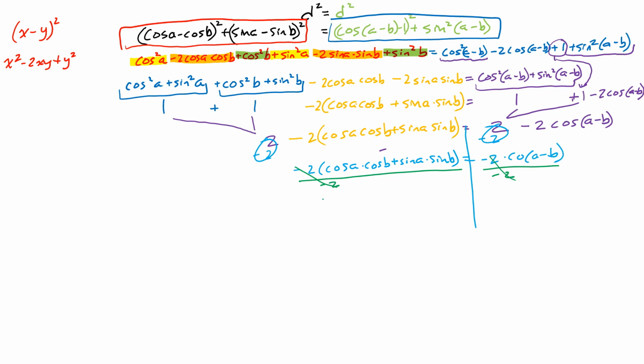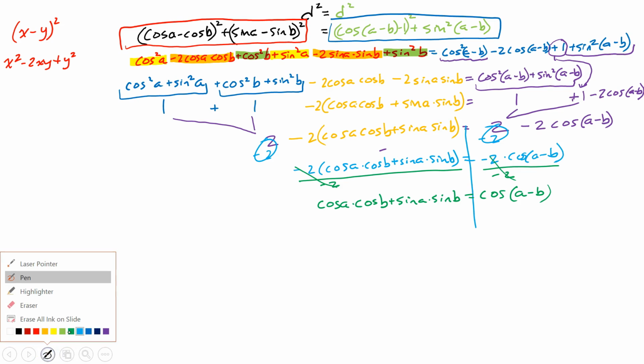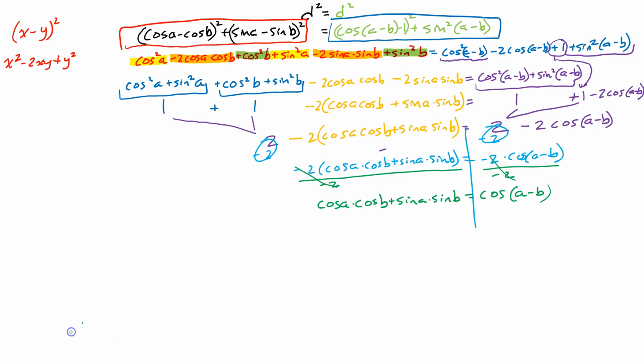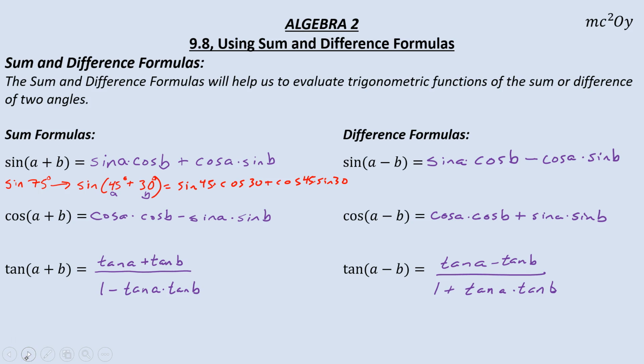I'm now left with the cosine of A times the cosine of B plus the sine of A times the sine of B is equal to cosine of A minus B. Looks like I missed a cos up in that previous line. And so this is your angle difference formula for cosine. Okay, that is that formula right there.